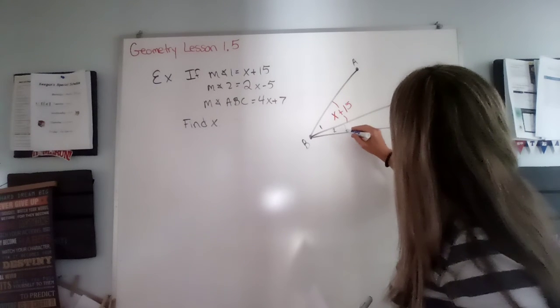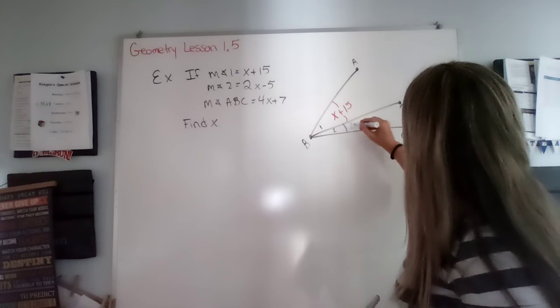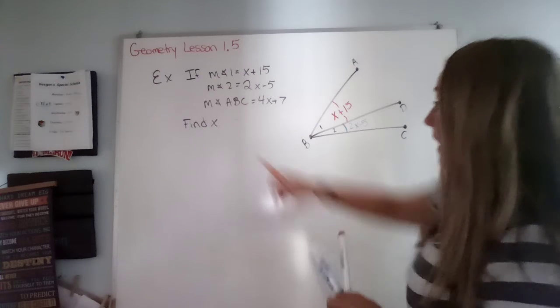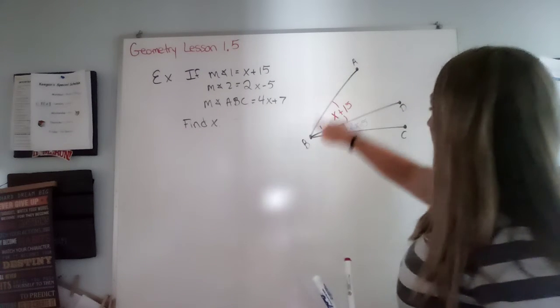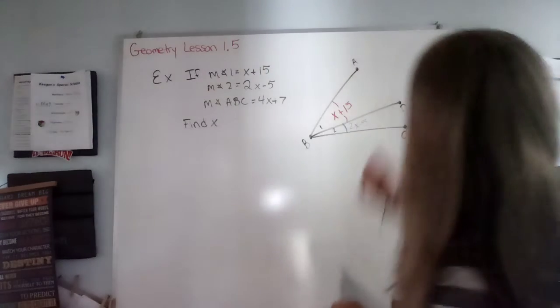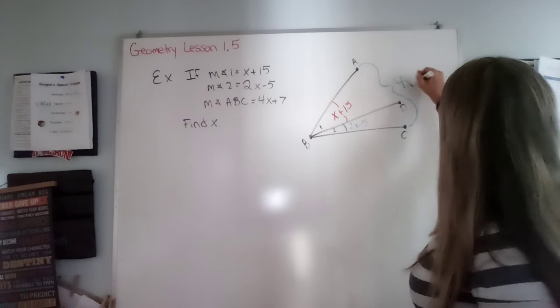So from here to there, that is 2x minus 5. All right. And then angle ABC, they're talking the large angle, the entire thing. That's 4x plus 7.